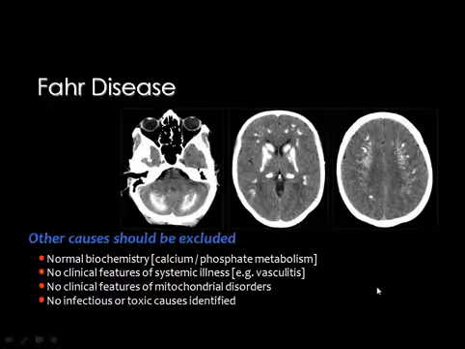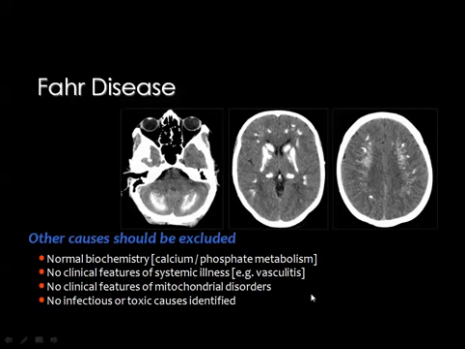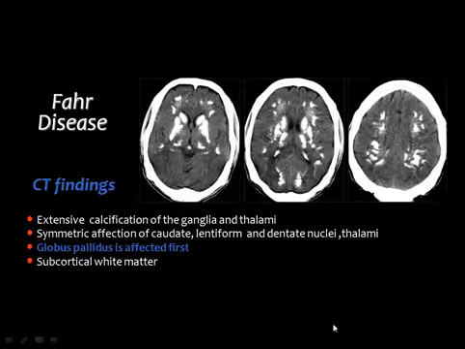So we should exclude other causes by the normal biochemistry, including calcium and phosphate metabolism, no clinical feature of systemic illness like vasculitis, for example, no clinical features of mitochondrial disorders like phenylketonuria, and no infection or toxic causes are identified.